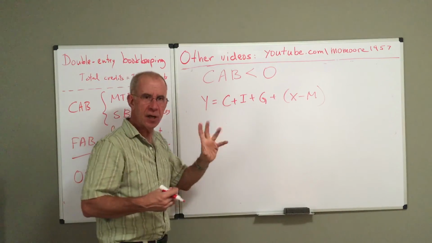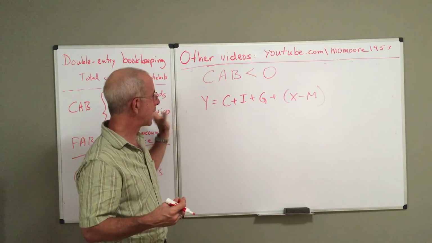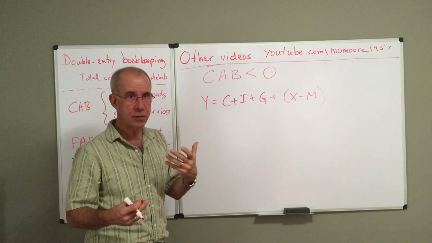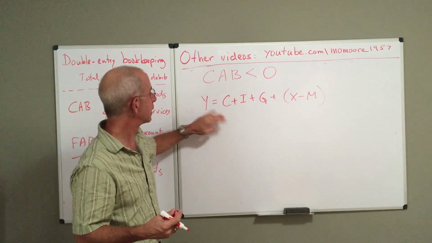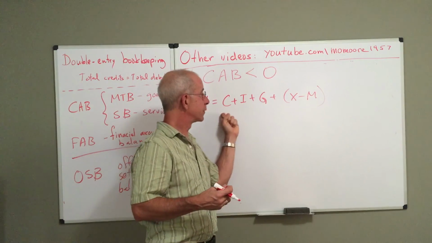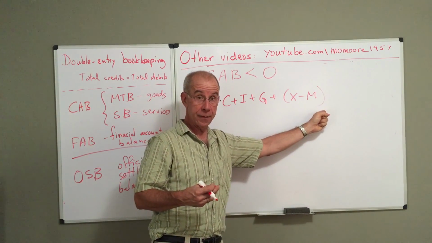Now, there are some adjustments to national income and expenditure which technically should be made, but let's set that aside. Basically, national income equals the expenditure.